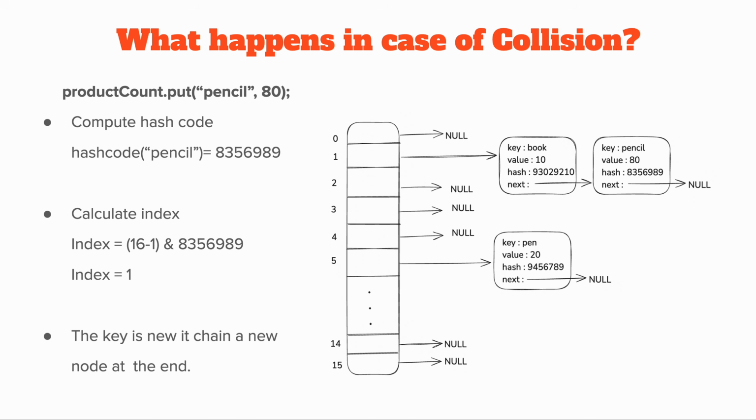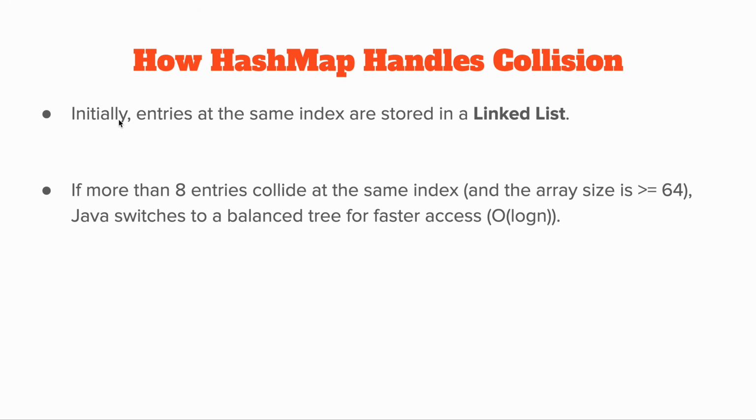We will see what happens in case of collision. HashMap handles collision as follows: initially, entries at the same index are stored in a linked list, right? If more than 8 entries collide at the same index, and if the array size is greater than or equal to 64, then Java switches to a balanced tree for faster access, right?